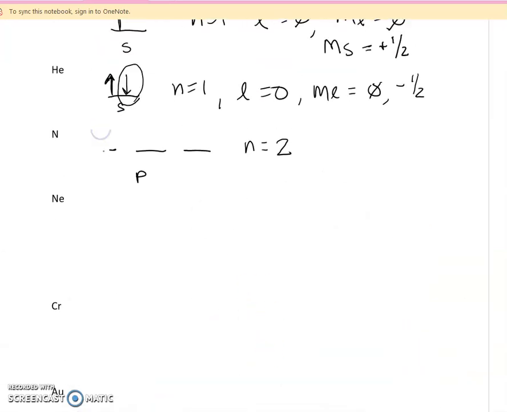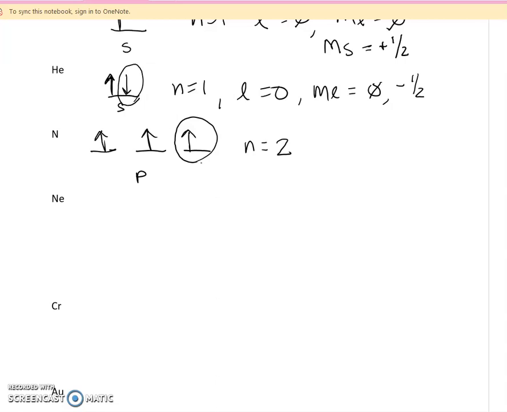So 1, 2, 3. So if you guys remember from intro, you fill separately first and then you will fill. So here, this electron is in that last orbital. Nitrogen has 3 orbitals because it is in the P block.